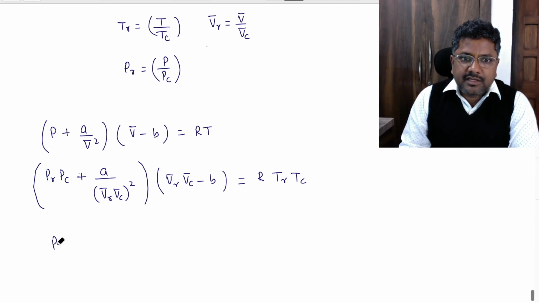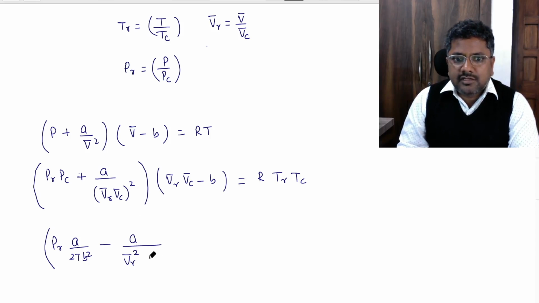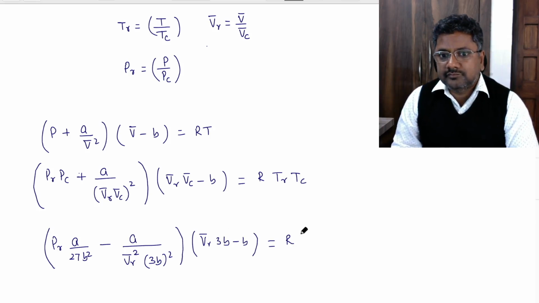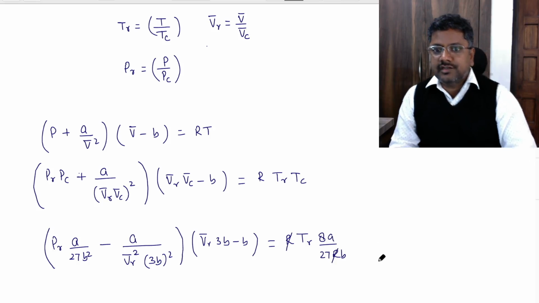So we can write here PR and PC is equal to A by 27B square, minus A by VR square and VC is equal to 3B square, and VR 3B minus B is equal to R TR and 8A by 27 RB, right? So this R and R cancel.